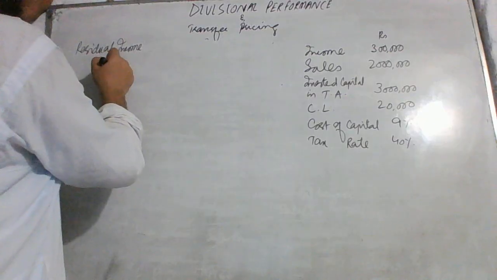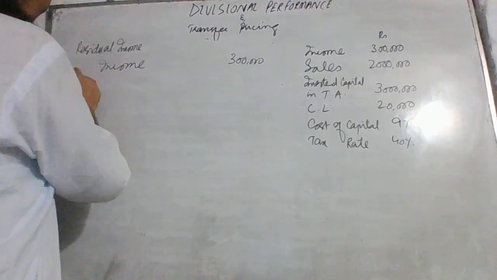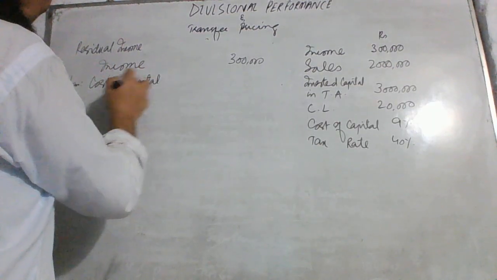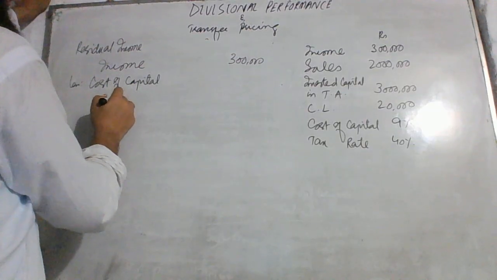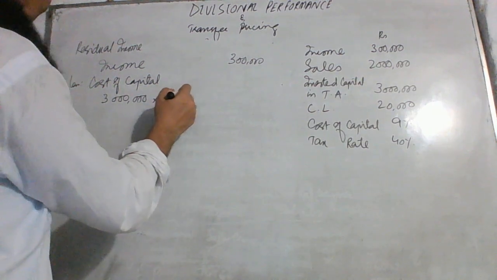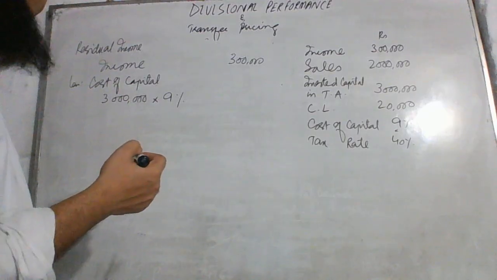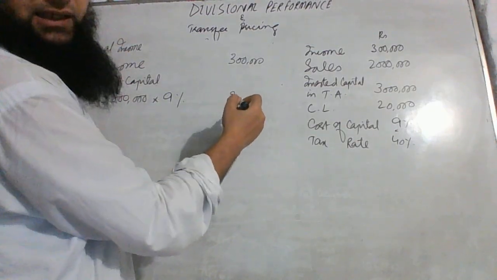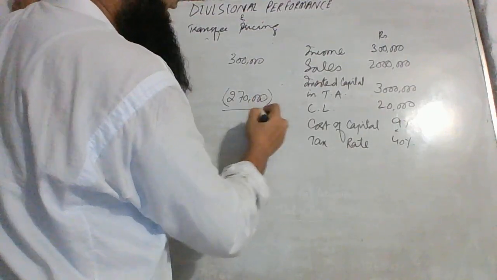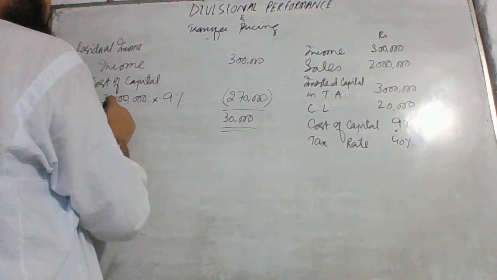The division operating income is rupees 300,000 minus its cost of capital. The amount invested is 3 million, and the cost of capital is, in this case, 9%. It means the overall cost of capital is 270,000. The residual income would be rupees 30,000. It is our residual income.